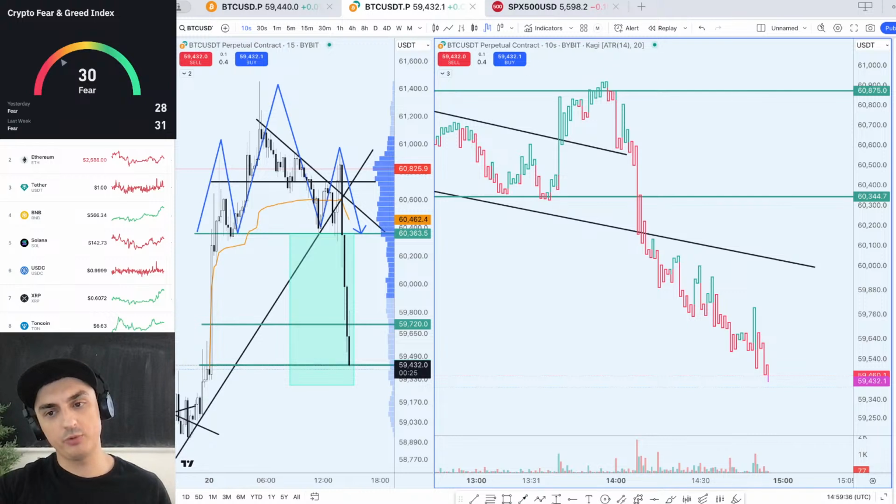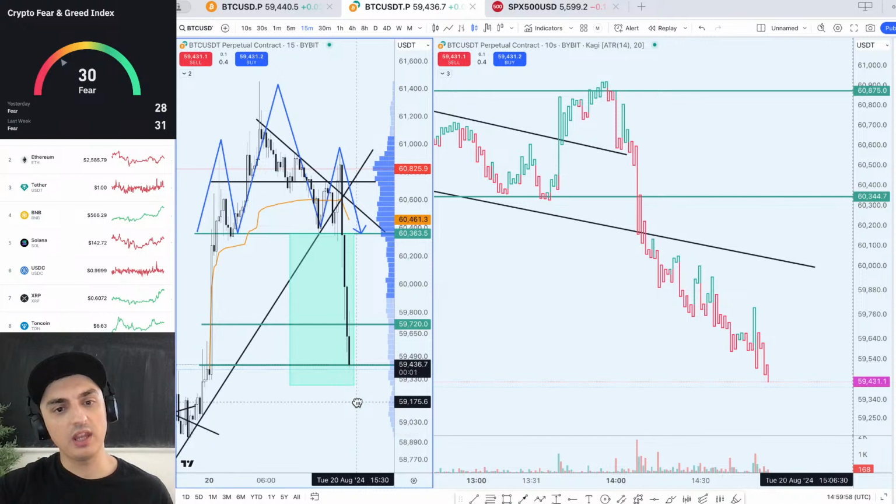We're pushing at 59,420 right now. 20 seconds to go. 15. 10 seconds to go before the next candlestick pops out. Let's see if some buyers step in on these levels, but I don't see any right now.